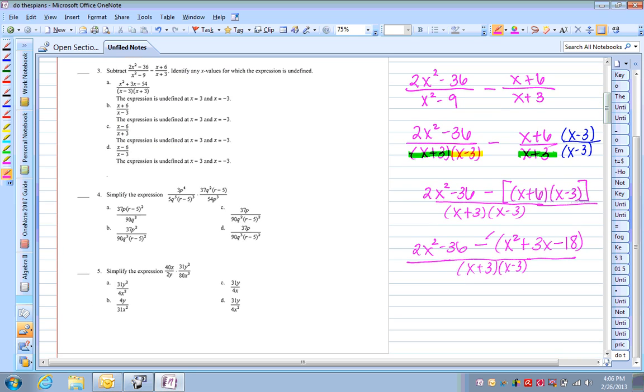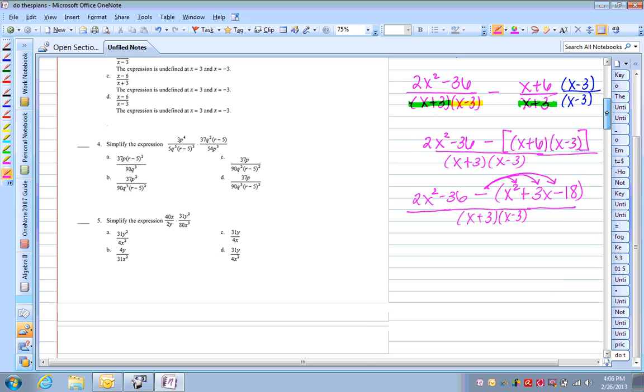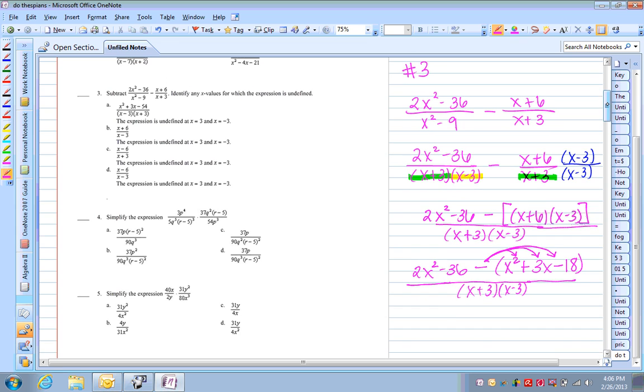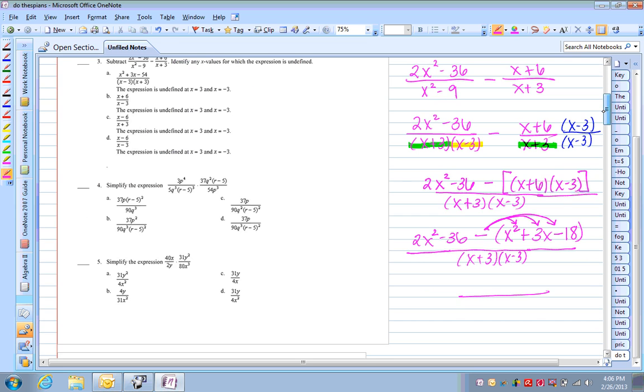Okay, so now we have to distribute this negative. And when we do that, we're still left with x plus 3 times x minus 3 on the bottom. And we end up with 2x squared minus 36 minus x squared minus 3x plus 18.